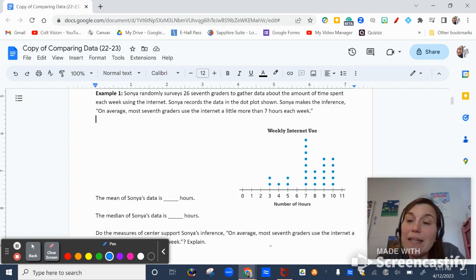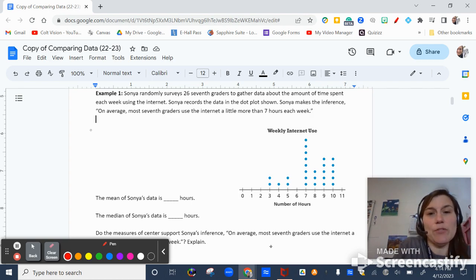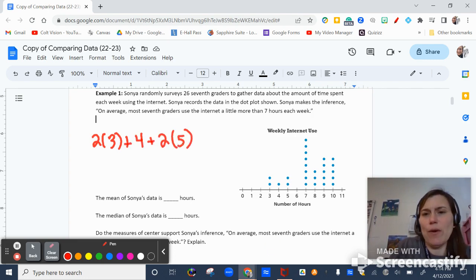Well, what's the average number? The average number could also be considered the mode, but to find the average, we're typically going to find the mean. And to find the mean, we're going to add up all the numbers. So there are 2 3s plus a 4 plus 2 5s. We're counting these dots.